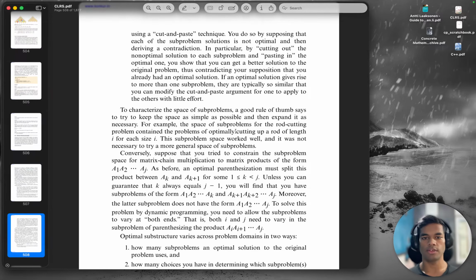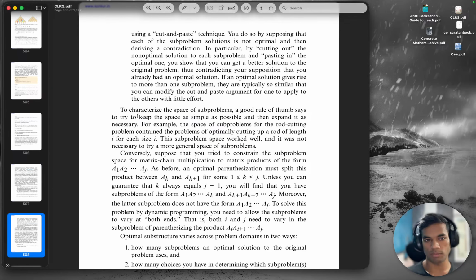For example, the space of subproblems for the rod cutting problem contained the problems of optimally cutting up a rod of length i for each size i. This subproblem space worked well, and it was not necessary to try a more general space of subproblems.